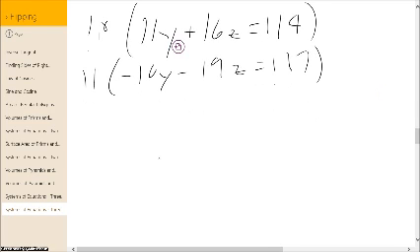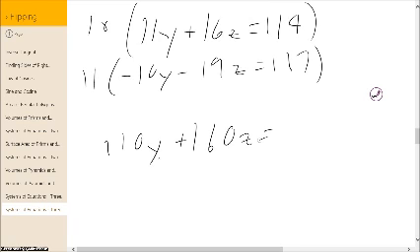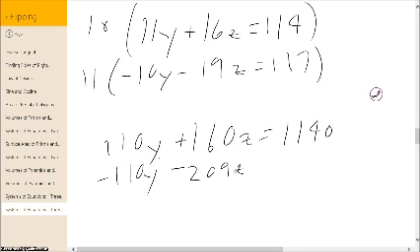What that gives me is 110y plus 160z equals 1140 on top. And on the bottom that becomes negative 110y minus 209z equals, oh sorry, this guy should have been negative, negative 1287 on the bottom.